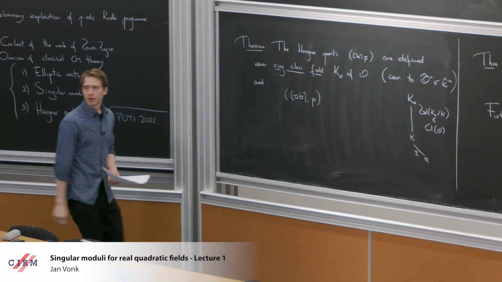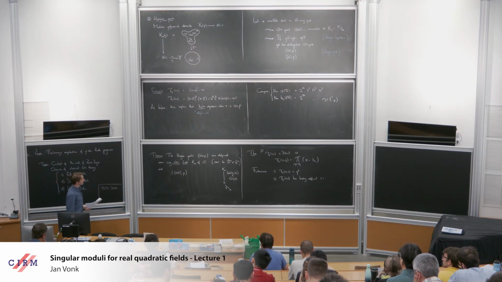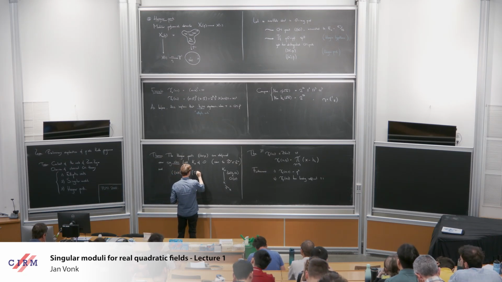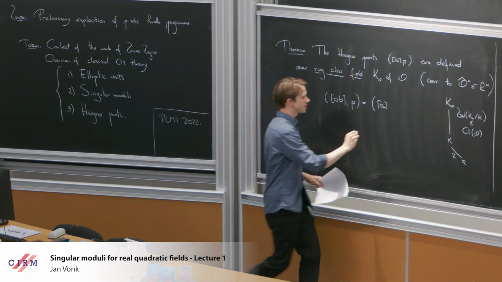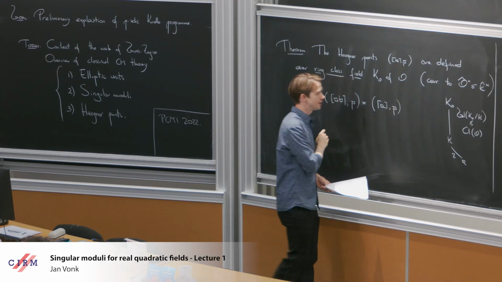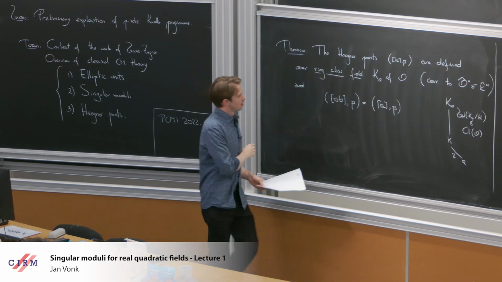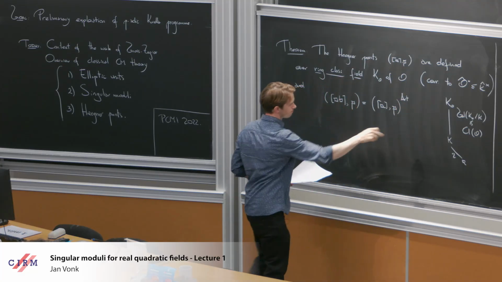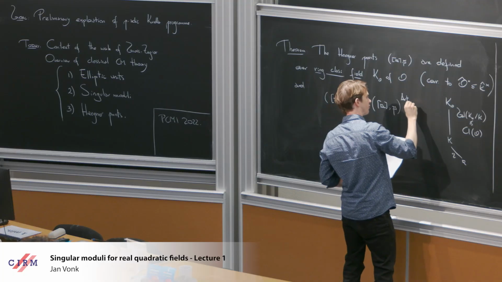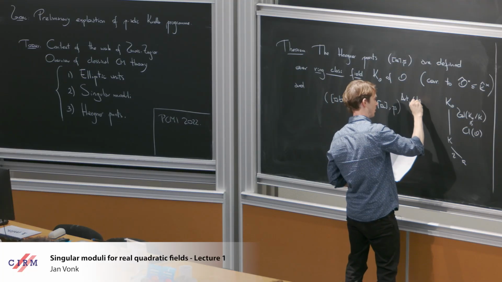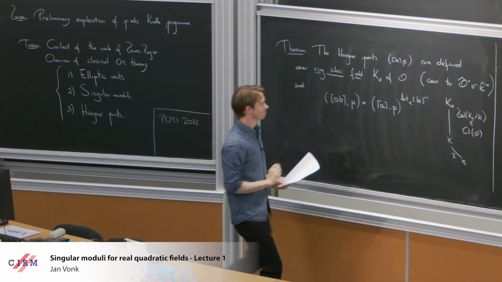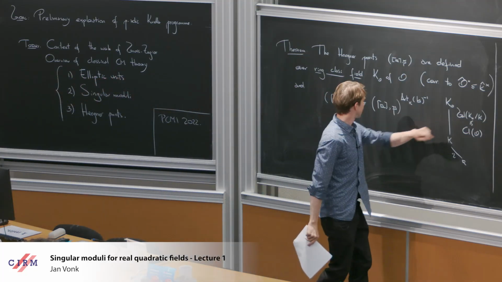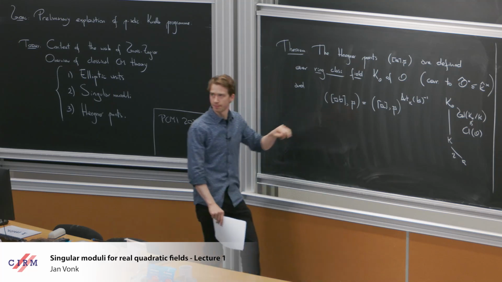If I take the point that's associated to the ideal A times B, then that relates to the point associated to the ideal A with the same level structure, so with this P, by acting by the element of the Galois group that I get from the Artin symbol of B, with an inverse. So there's a specific element, in other words, of this Galois group that gets me from this guy to this guy. And that's what that element is.